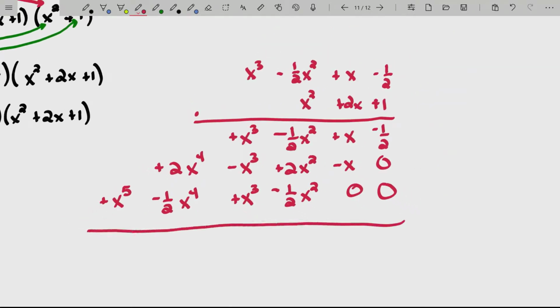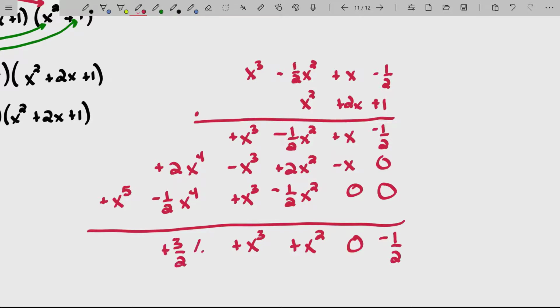And then you can do the same thing you would do in arithmetic. You would add these up. Let's see, negative 1/2 x squared plus 3/2 x squared, so this is a positive x squared. Let's see, there's a positive x cubed. Add these up.